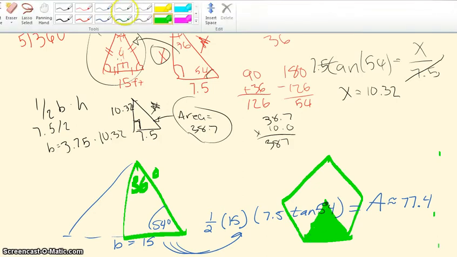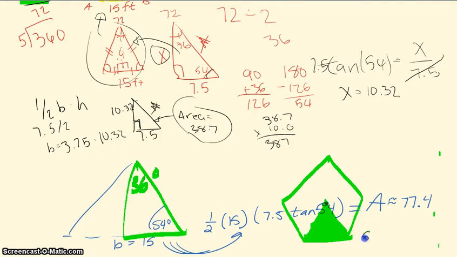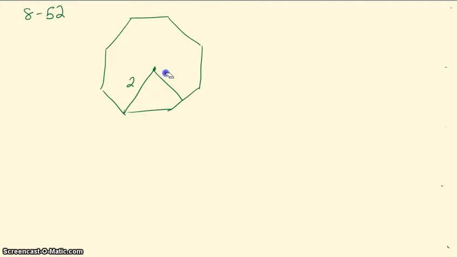So 5 times this area, 77.4, equals the area of the pentagon. This was the area of just one triangle. 5 times 77.4. And there it is again, 387 units. And these are squared units. So that's the idea.